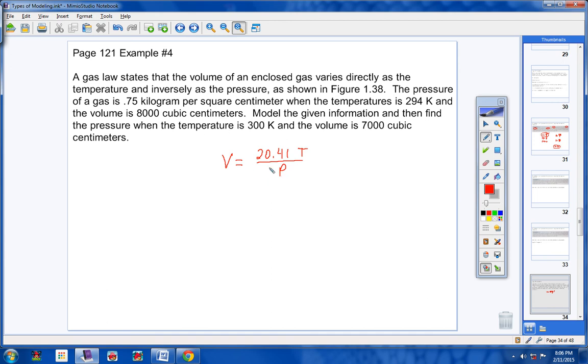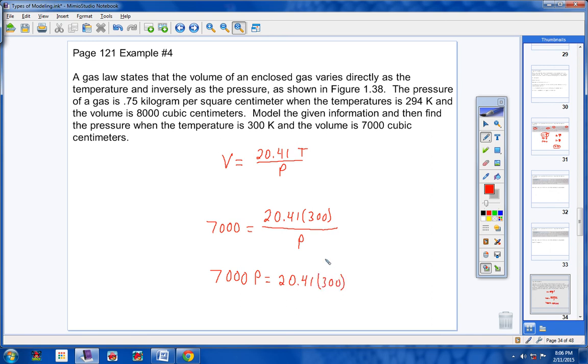So we're looking for P when the temperature is 300. So the temperature is 300. 20.41 times 300. And the volume is 7,000. Go ahead and solve for P. Obviously I don't want this fraction, so I'm going to multiply both sides by P. So 7,000 P equals 20.41 times 300.